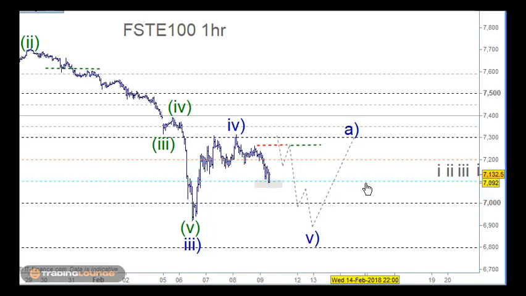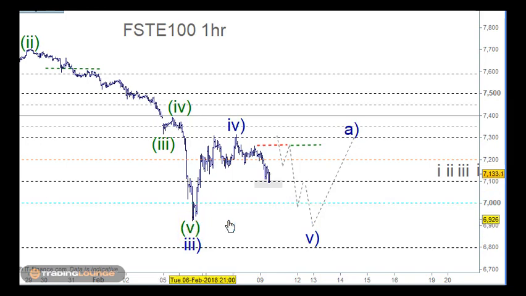But once that finds resistance here, then the day traders can trade it down to 7,000, but then expect to bounce back to probably the 100 or close to that at that point there. But we are looking for a new low here, but it may not give us a new low. It may just give us a double bottom here as such. And then we'll be looking for the A wave moving back up.